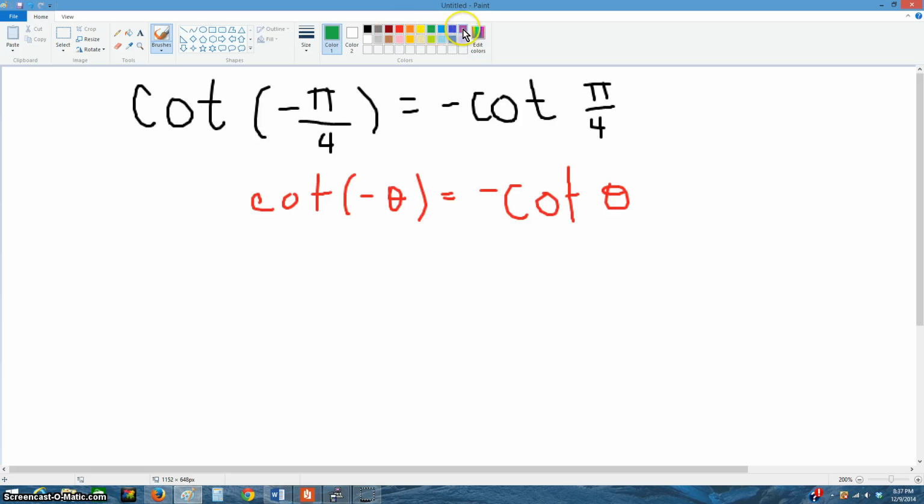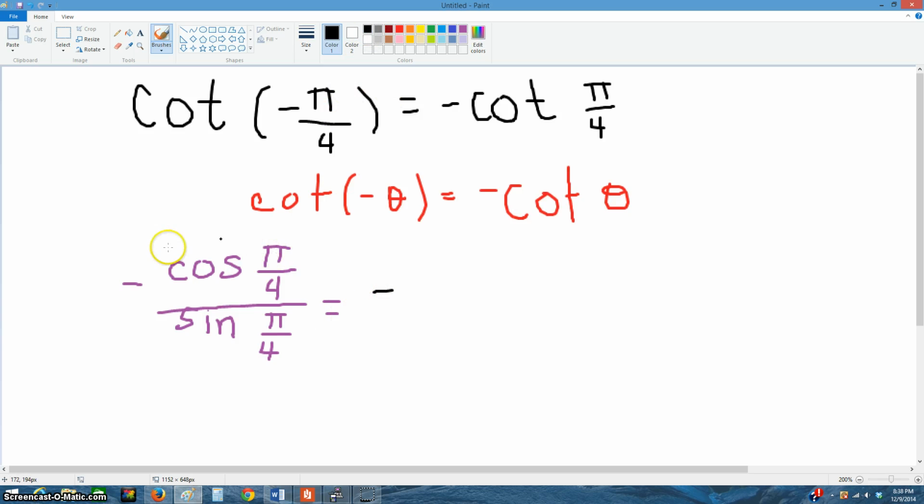That means I can take my negative, and there's an identity for cotangent that says cosine of pi over 4 over sine of pi over 4. Remember, cotangent is cosine over sine. Okay, so all we have to do now is, let's not forget our negative.